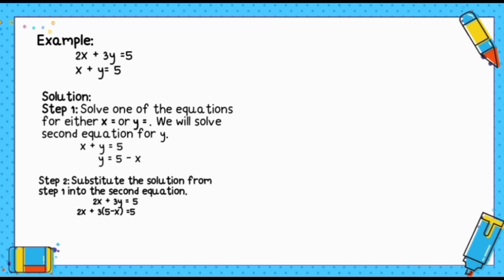Second step is to substitute the equation from step 1 into the other equation. 2x plus 3y is equal to 5. 2x plus 3 times the value of y, which is 5 minus x, is equal to 5.